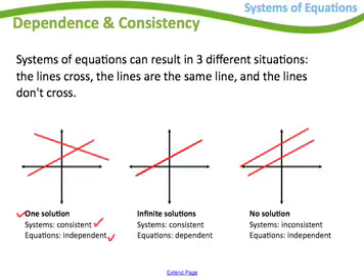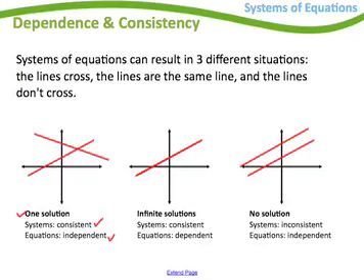And in this case, there would be an infinite number of solutions because at every point along there, it's a solution because they are touching each other there. We still call the system consistent because there's a solution, but in this case, we call the equations dependent, like each one of them sort of depends on the other one, but they're basically the same line.